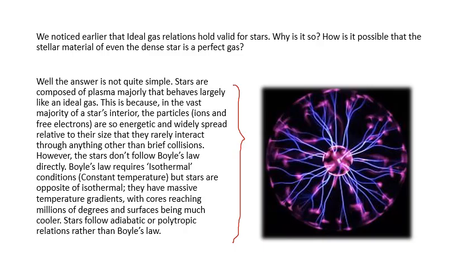Because in the vast majority of a star's interior, these ions, these free electrons, these protons, even neutrons, are so energetic and so widely spread out. When they are in a bound state, they are much closer, but when, for example, an electron is free, it's not bound to its atomic structure, then the space between a proton and electron is much larger.